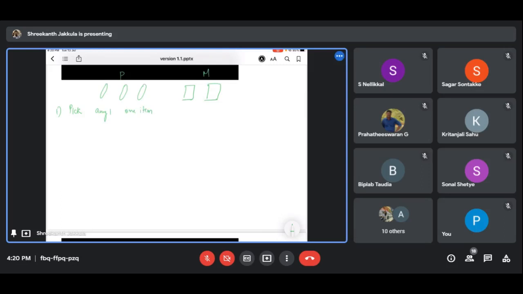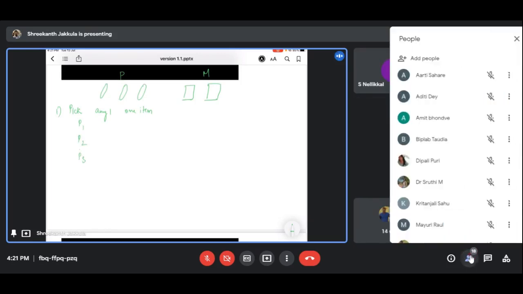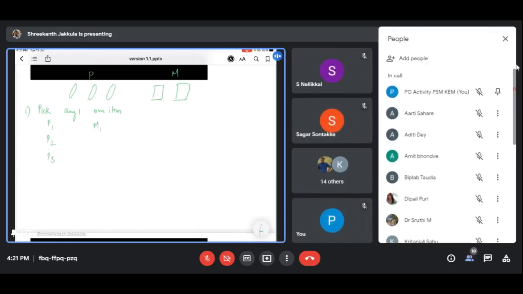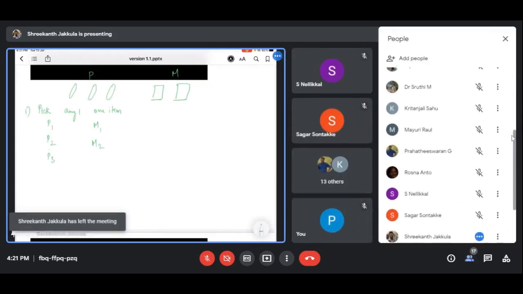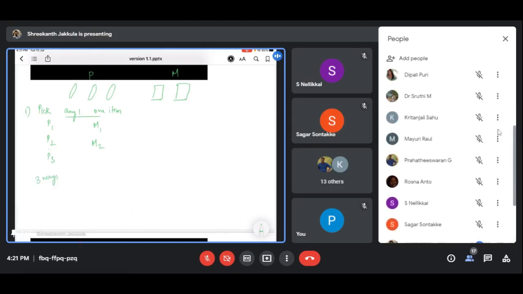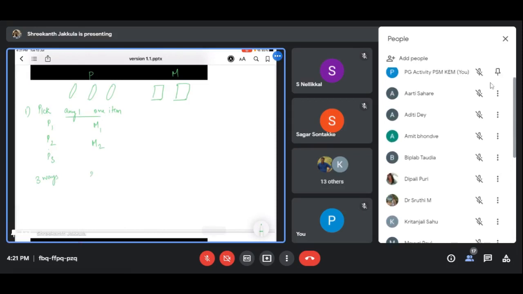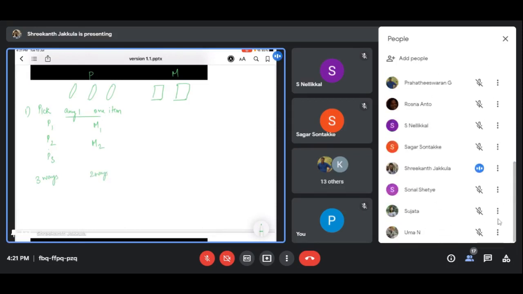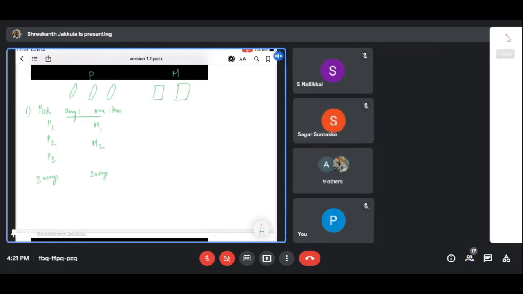So how many ways can we pick only one item from the pens and markers? The possible ways are P1 or P2 or P3, or M1 or M2. So from the pens there are three ways to pick only one item, and from the markers two ways.